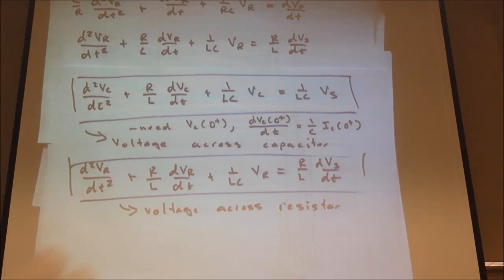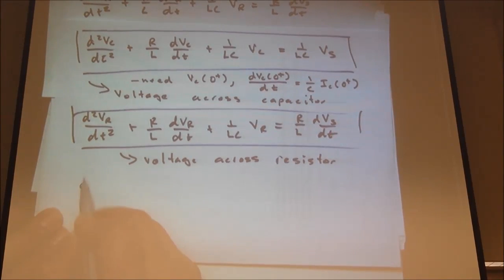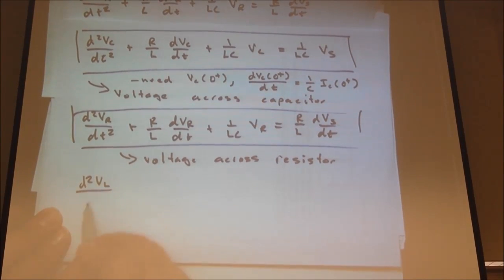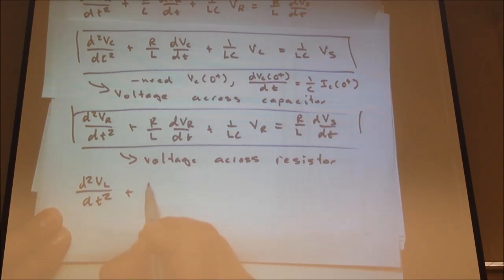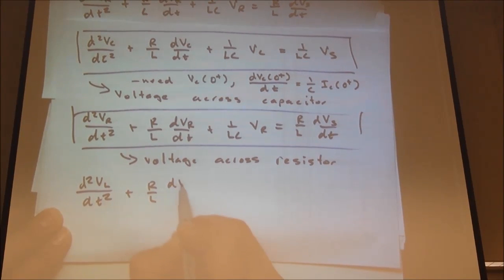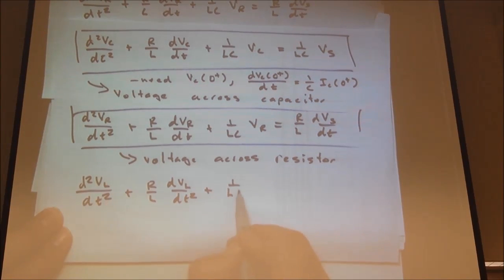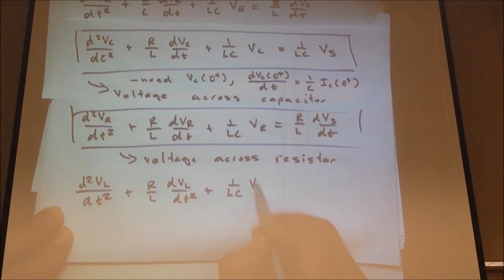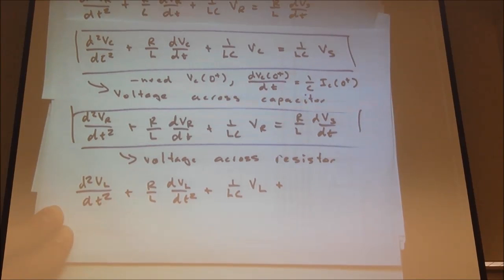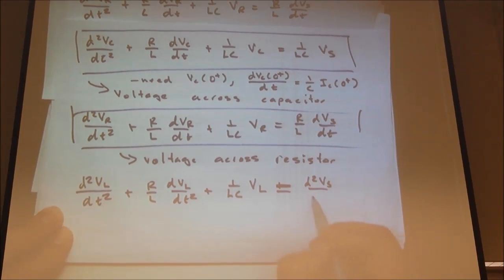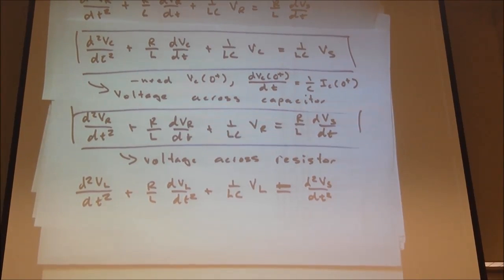Who's going to believe me if I tell you that if we looked at the inductor, it will look something like this? Who believes me? And you're right to believe me.